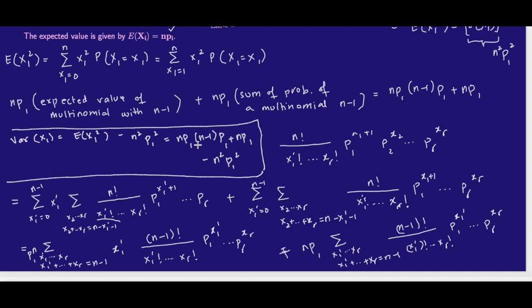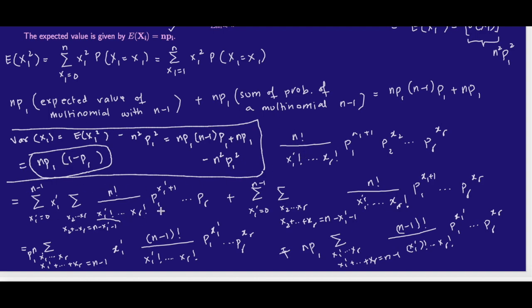If you just do basic algebra here, we will end up with n p1 times 1 minus p1. So this is the variance of X1, and X1 is the number of times we get the first outcome. We can generalize it: the variance of Xi is equal to n times pi times 1 minus pi.